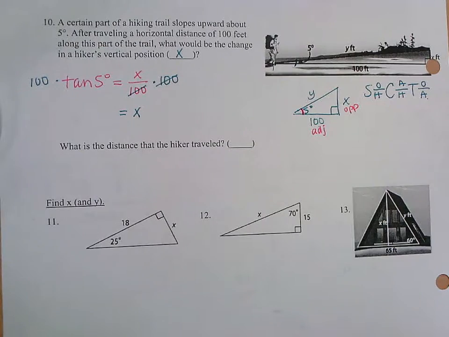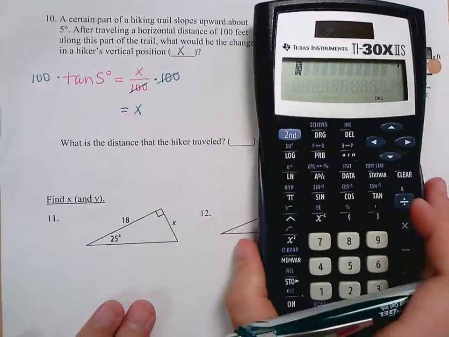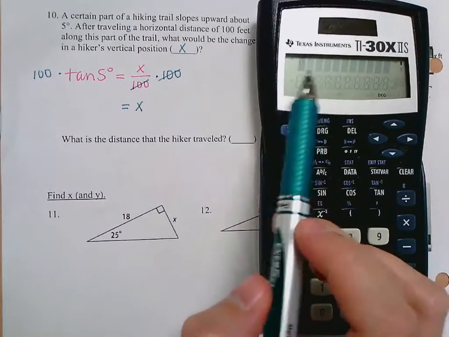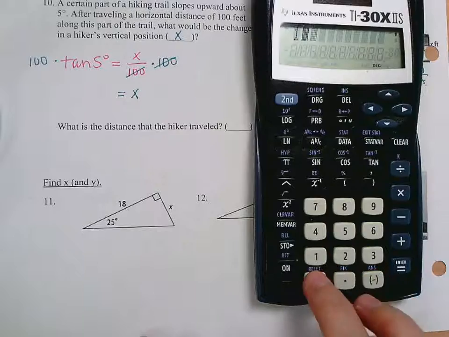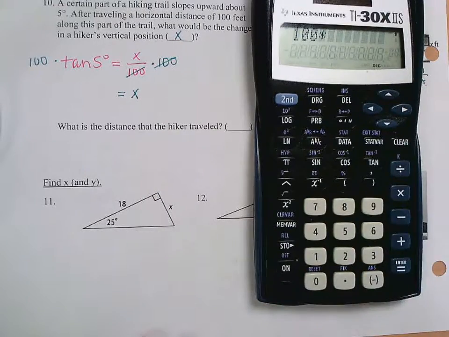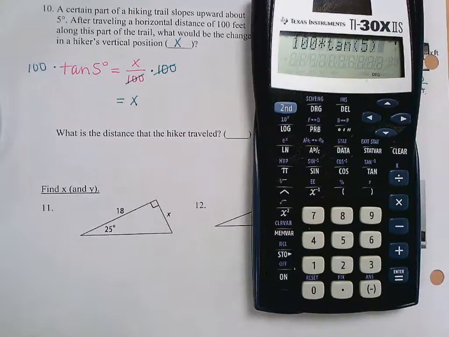Okay, and since, again, like I said, I want to leave some time, so I'll just go through one other example. But when you type this in, I can type it in exactly like this. I can type in 100 times tangent of 5. So notice when I hit tangent, a parentheses comes up, and you're putting the angle measure in that parentheses, and then I hit enter, and I can round to a couple decimal places, so X is approximately 8.75.